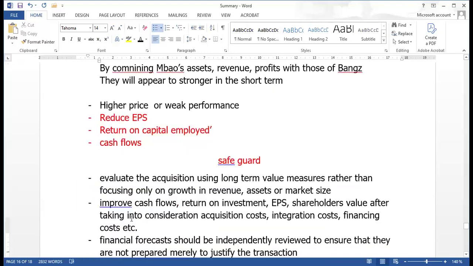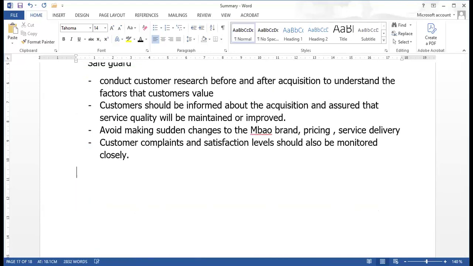Poor planning can also cause problems. Point number 5, poor planning can cause problems.